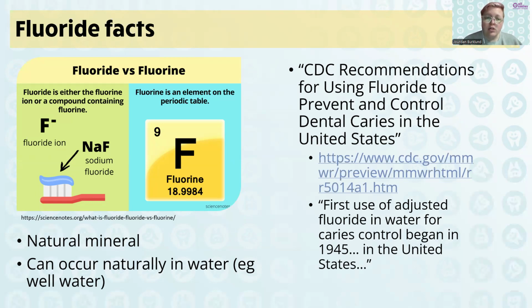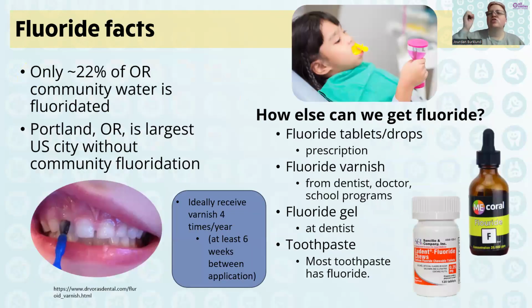It's a natural mineral, and it can occur naturally in water. It doesn't occur in most of Oregon's water, though, but it is something that the CDC has recommended and has been proven time and time again that it can be used to control and prevent dental cavities. Basically, it just strengthens the tooth and helps protect it against the acid from the cavities.